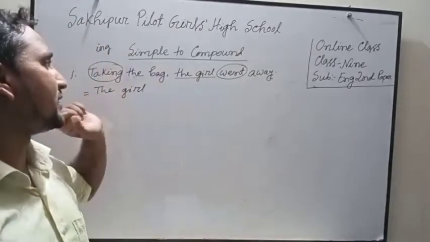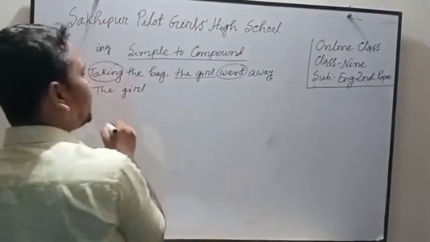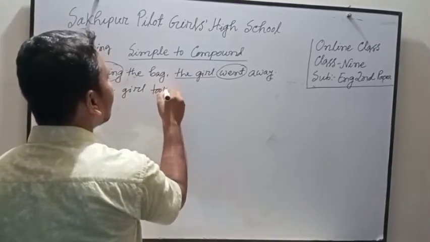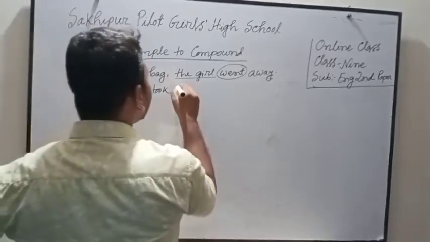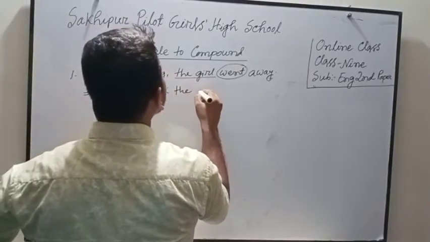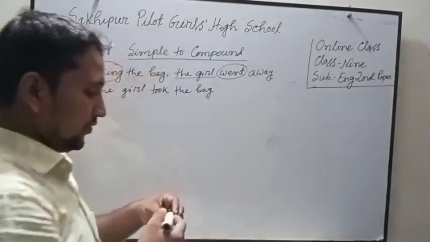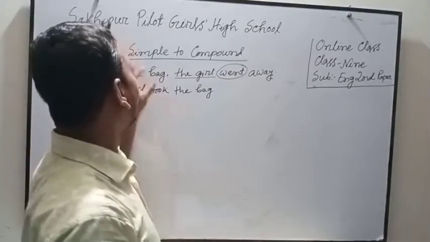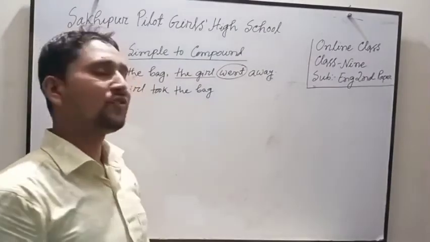Here went is the past form, so take will be past form: took. For the rest of the clauses, the bag, we told you before that a compound sentence will be connected by some coordinating conjunction.